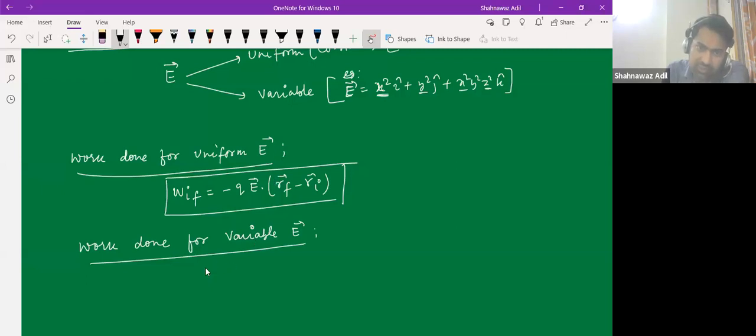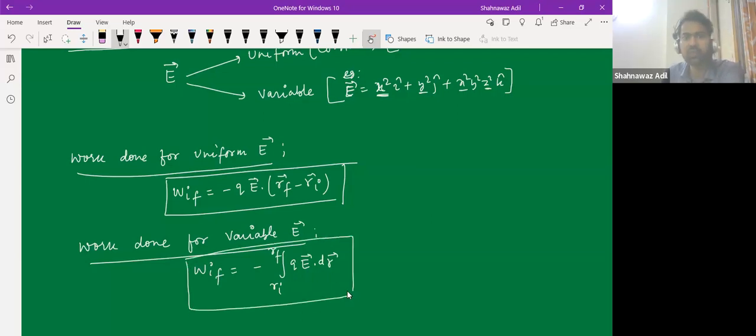So this would be minus Q integral of E dot dr from R initial to R final. Is it clear?